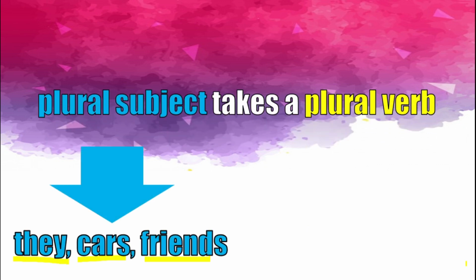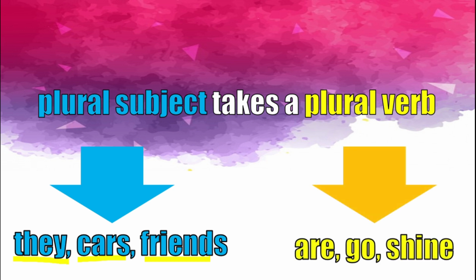Moving forward with plural subject, plural subject takes a plural verb. Example for plural subjects, we have they, cars, and friends. For plural verb, we have are, go, and shine. Again, plural verbs do not end with S.